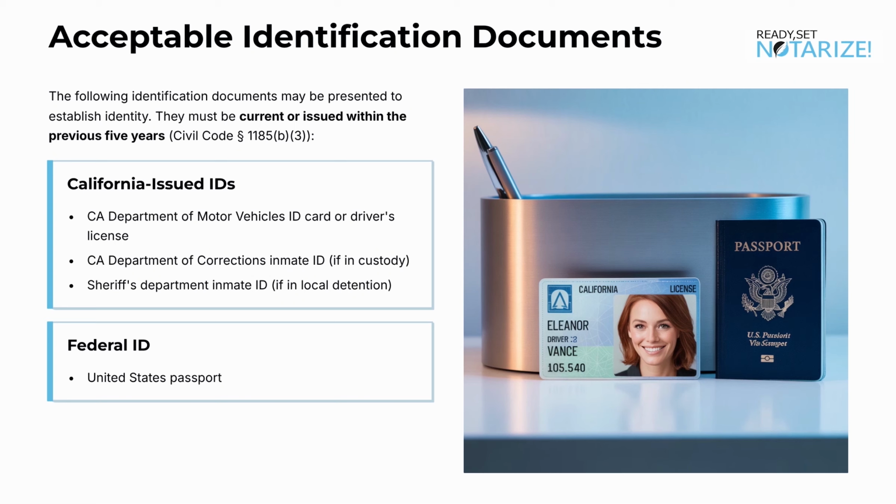An identification card or driver's license issued by the California Department of Motor Vehicles, or a United States passport, or an inmate identification card issued by the California Department of Corrections and Rehabilitation, if the inmate is in custody in California State Prison, or any form of inmate identification issued by a sheriff's department, if the inmate is in custody in a local detention facility.